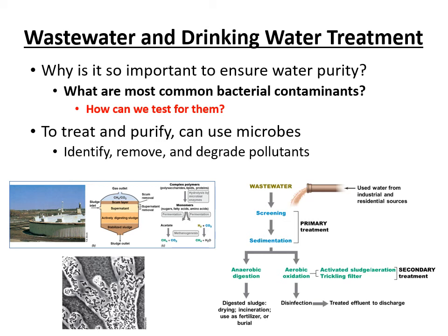When you think about purifying water, you have to ask yourself, what are the most common bacterial contaminants? Well, as you get to see in lab, they are coliforms or enteric bacteria. And where would you find coliforms or enteric bacteria like E. coli? In the GI tract, not just of humans, but of any animals.